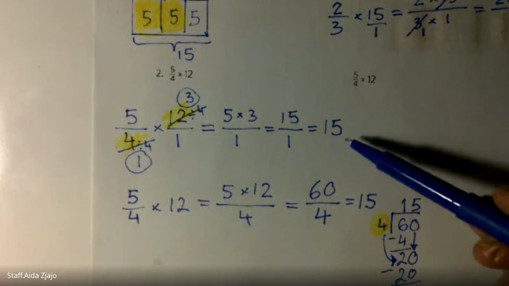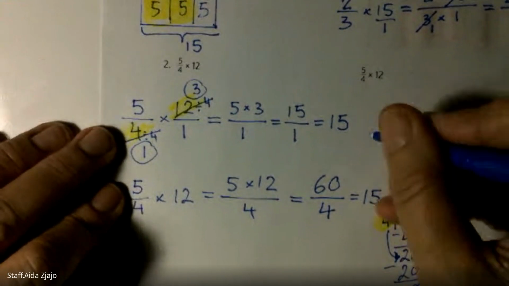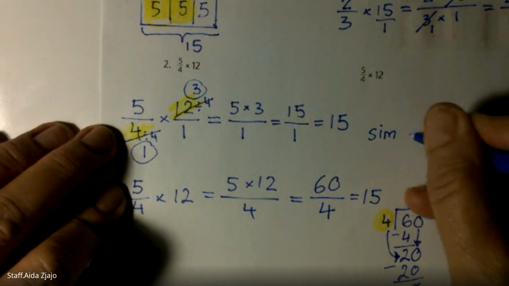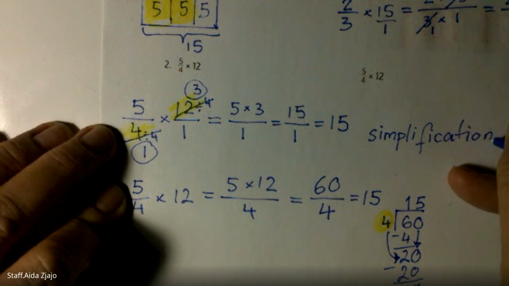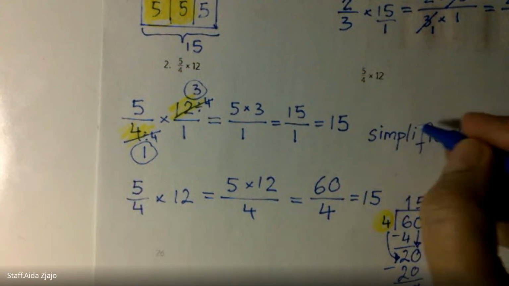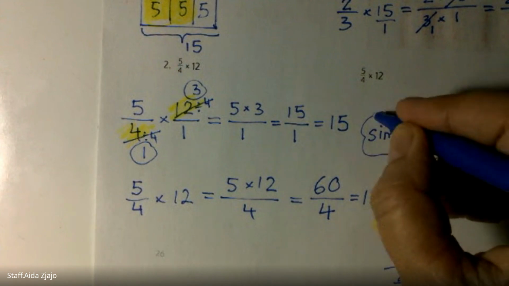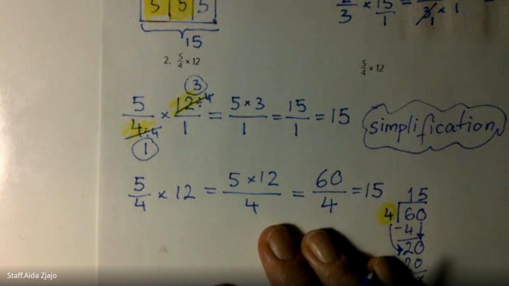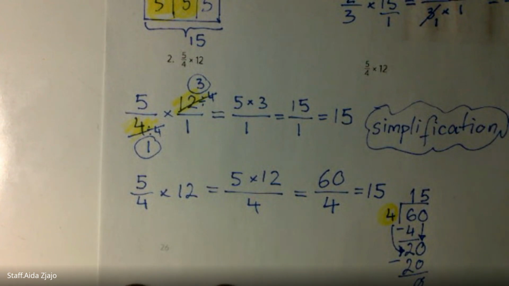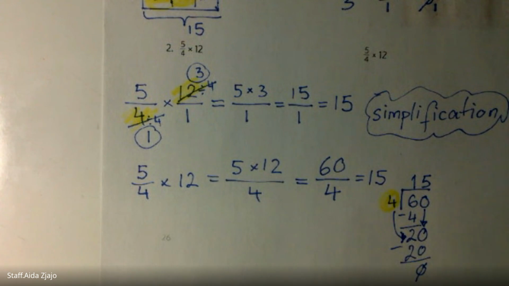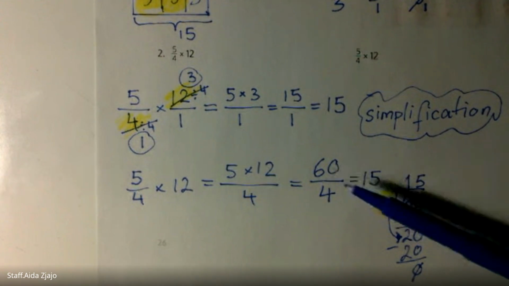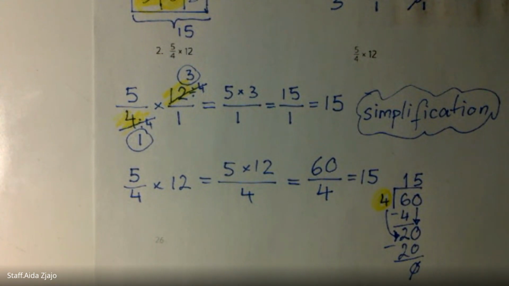But this is the simplification model. And this is with no simplifying of fractions, where we got the same answer, but simplification is easier, because you have to deal with smaller numbers, so you don't need to use division so much.